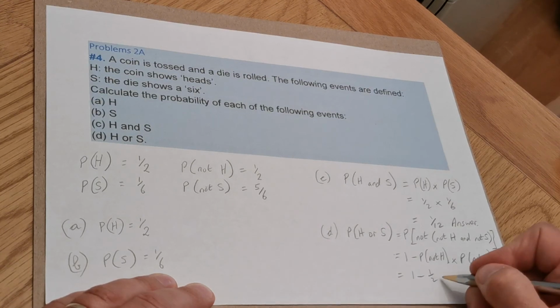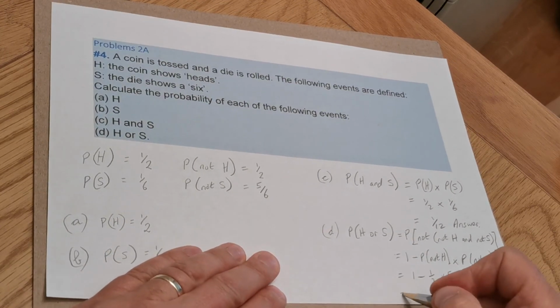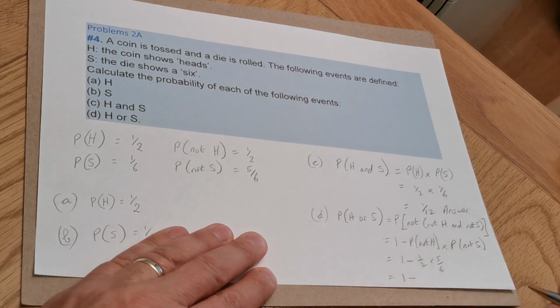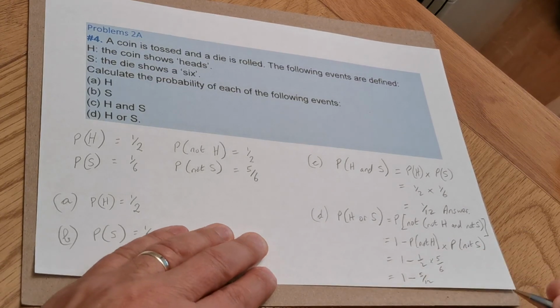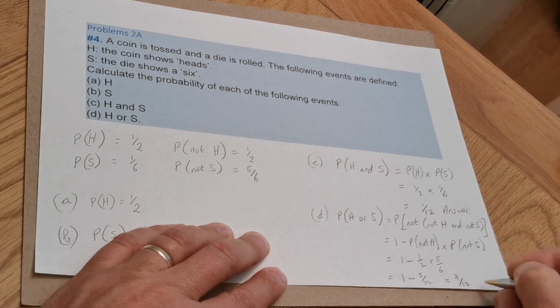Probability of not S, 5/6. We just have less to think about this time because we've done some preparation. And that's equal to 1 minus 5 over 12. And 1 minus 5 over 12 is 7 over 12. And that's our answer here.